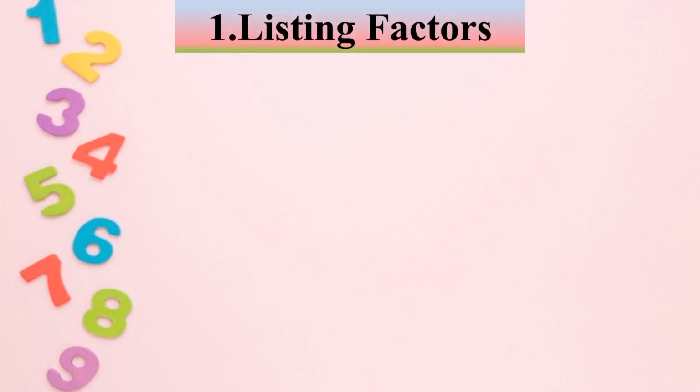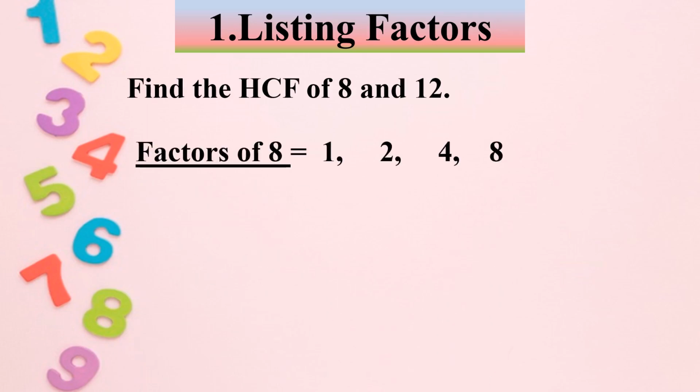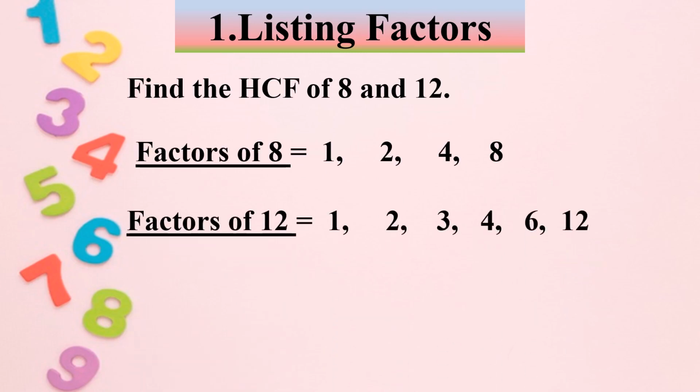Let us now try to find out the HCF by first method, which is by listing factors of the given numbers. The first question is, find the HCF of 8 and 12. So the factors of 8 are 1, 2, 4 and 8. And the factors of 12 are 1, 2, 3, 4, 6 and 12.